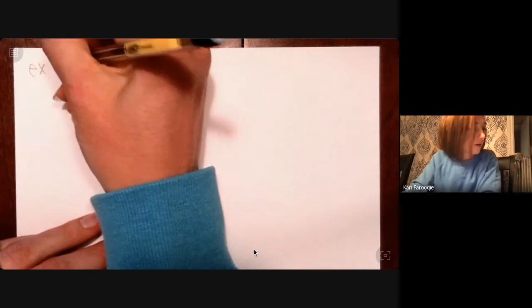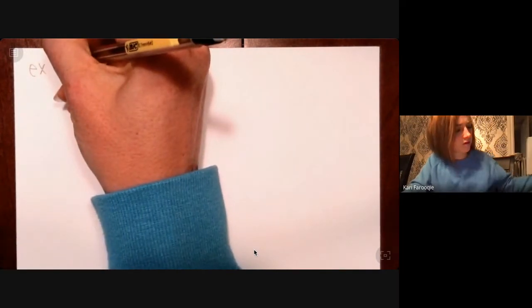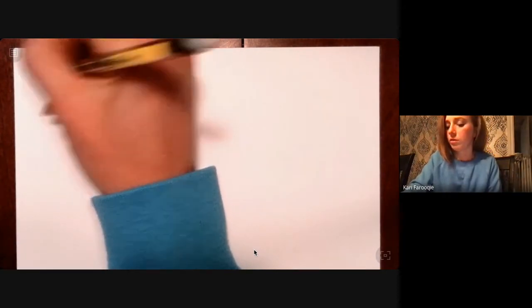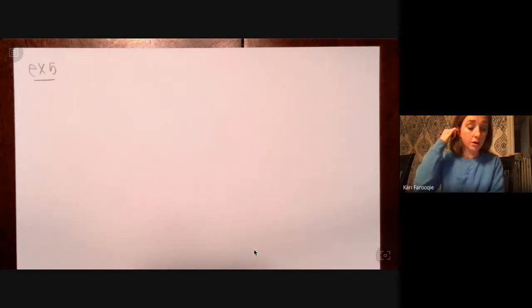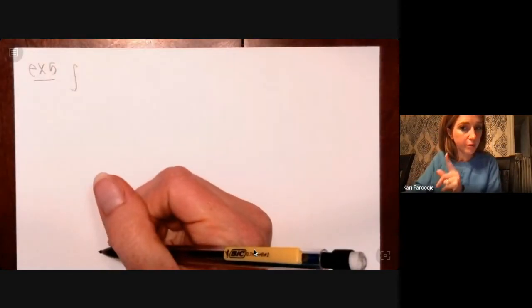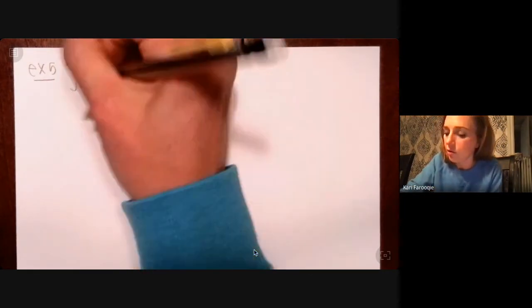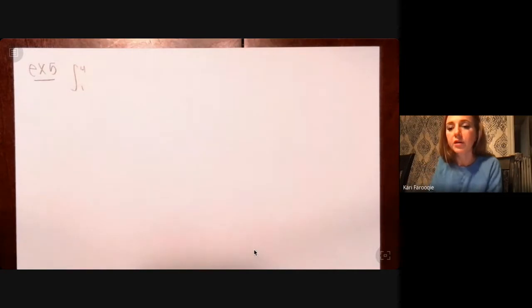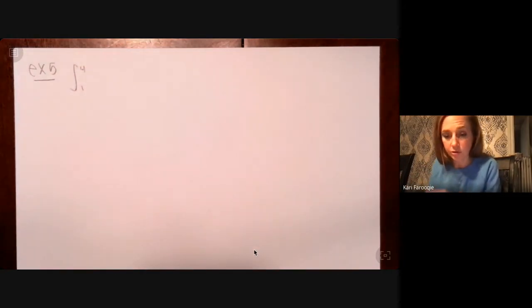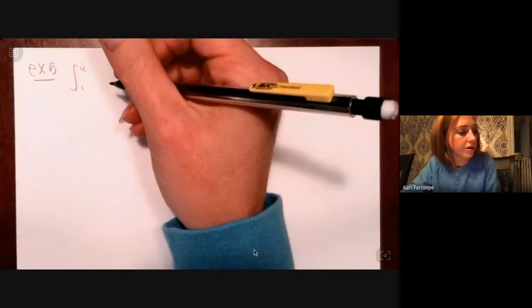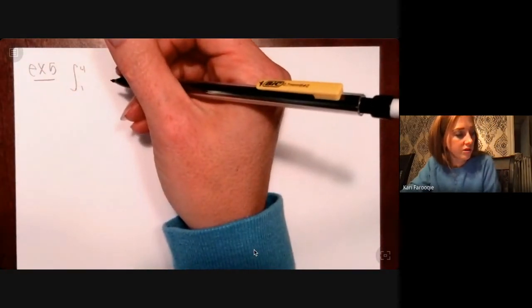All right, example 5. So we're taking the integral. This time I'm going to give you a definite integral. I've been kind of lazy about assigning these definite integrals and going through them, just popping those limits on in some cases, but we're going to do it in this case.